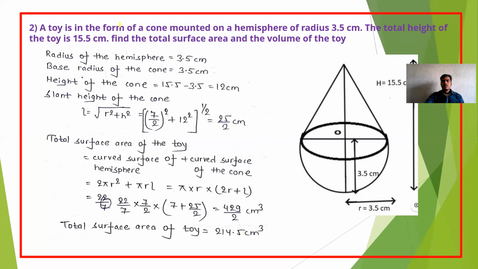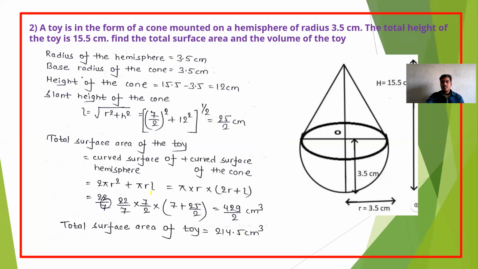Now we have to calculate the total surface area. What is the total surface area of the toy? Total surface area of the toy is curved surface area of hemisphere plus curved surface area of cone. Curved surface area of hemisphere is 2 pi r square.